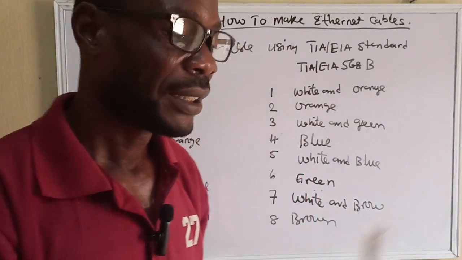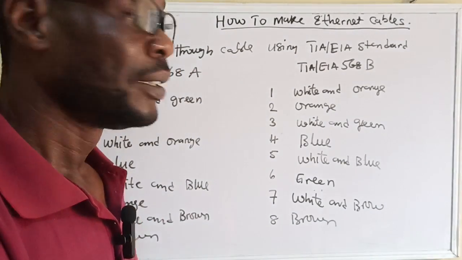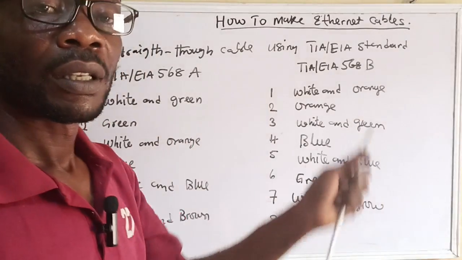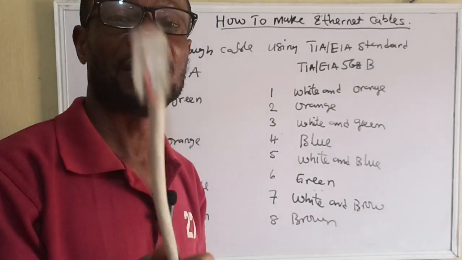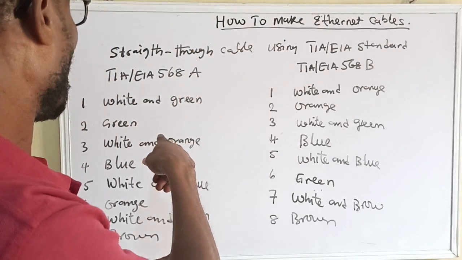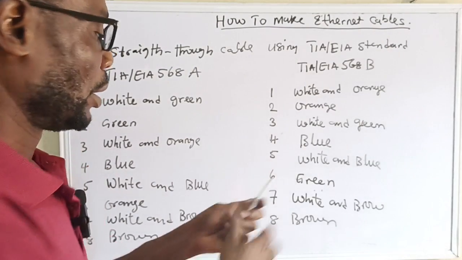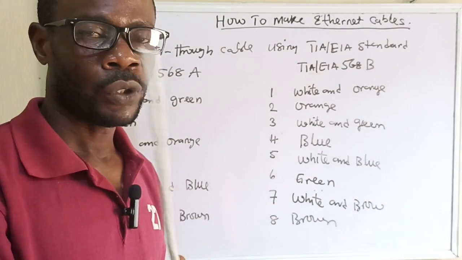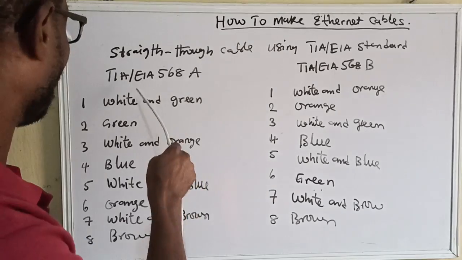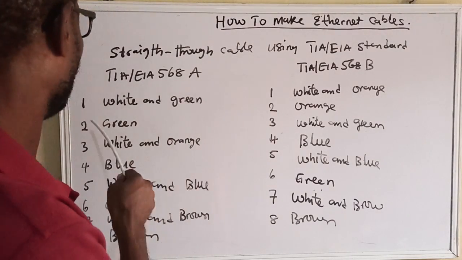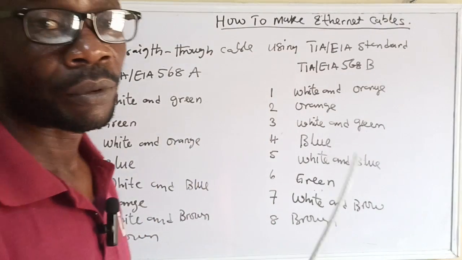The same way I made this, I will terminate this other end. You follow the same procedure because it's 1 to 1, 2 to 2 on a straight through cable.